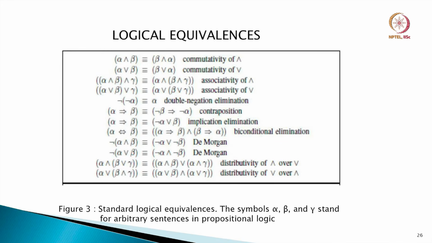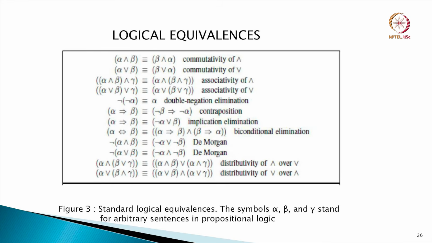Okay, so these are the same equivalences we talked about before: commutativity of AND, commutativity of OR, associativity, and then double negation, contraposition, and implication elimination. When you say alpha implies beta, it's equivalent to saying not alpha or beta.